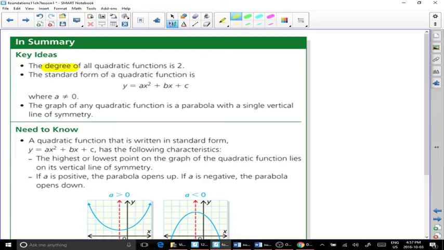The degree is the highest exponent in a polynomial. The degree of any quadratic function, anything that looks like a parabola, is always going to be 2.